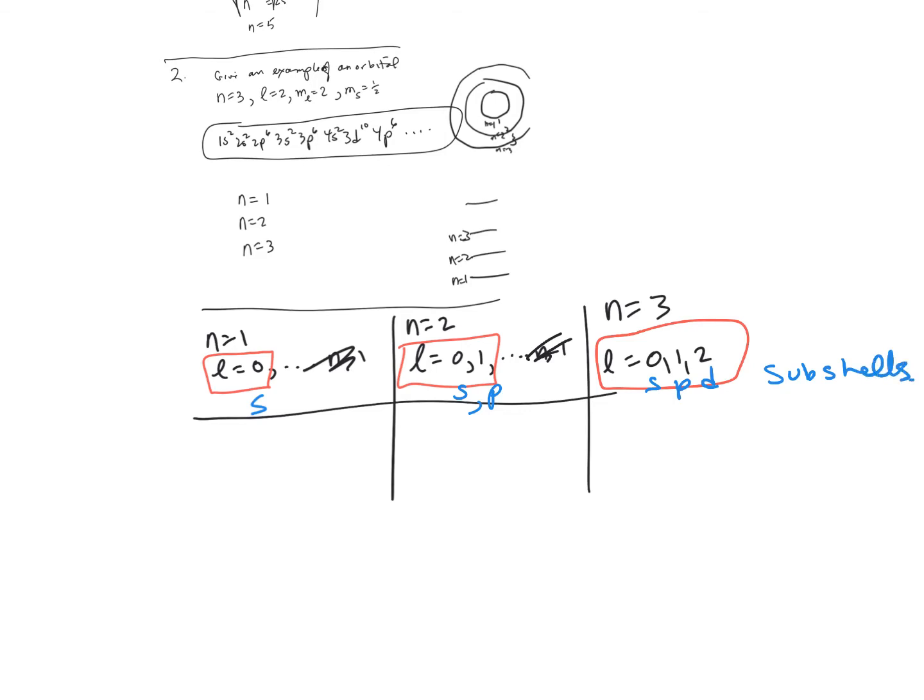Within the subshells, you can have the orbital designation. In this example, if n equals 3, is it possible to have L equals 2? Yes, so this orbital is going to be a 3d. It's a 3d if it has n equals 3 and L equals 2. So we're looking at a 3d orbital.